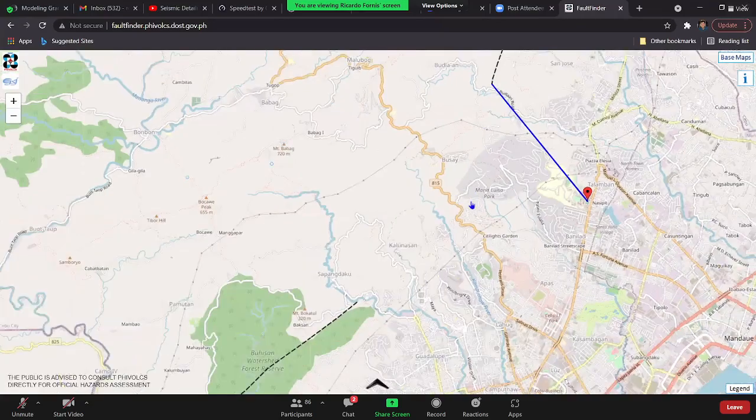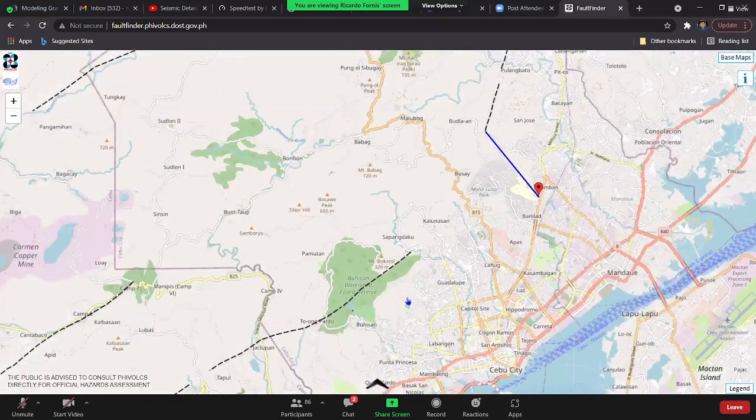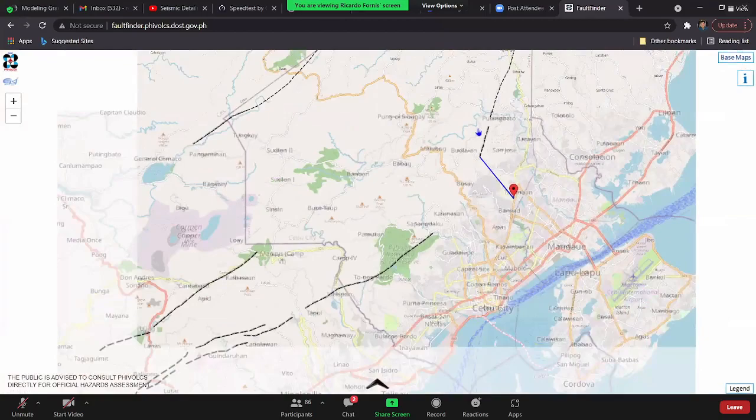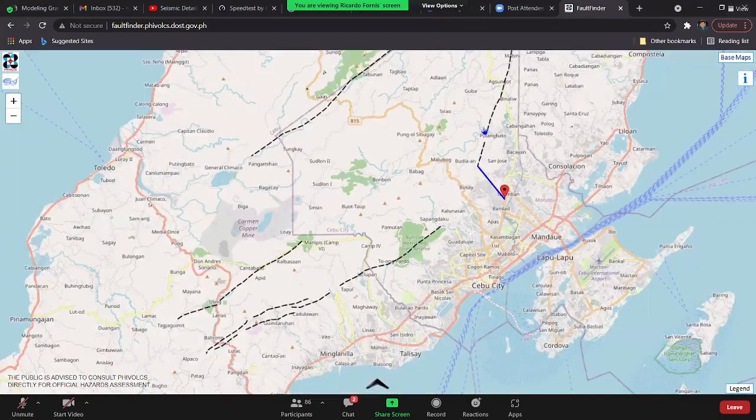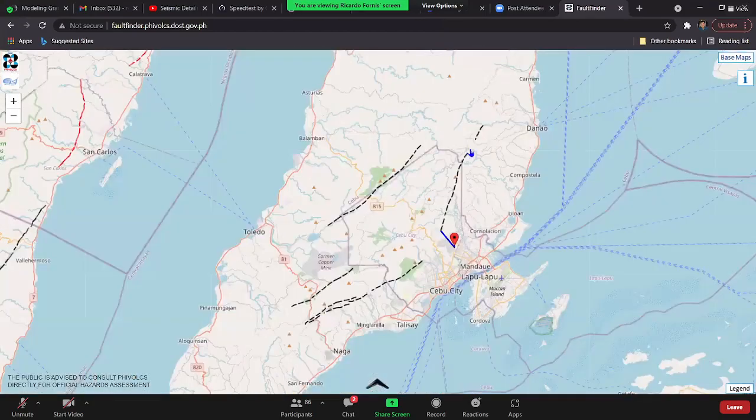So according to them, conservatively, we have to assume that this fault line is continuous. So if you consider the length of the fault from here or even here down south, so that's how many kilometers? So taas ka na, if this is 3.2, probably more than 50 kilometers na stretch. So according to PHIVOLCS, based on my previous conversation, if you consider that to be continuous, that will qualify as a type A daw nga, type A nga seismic source.